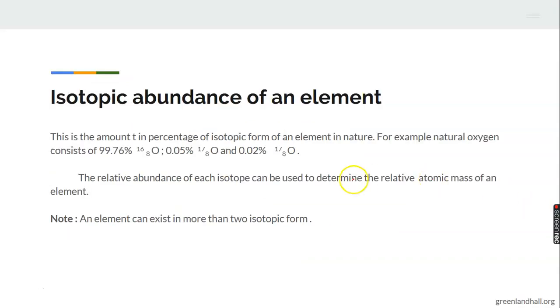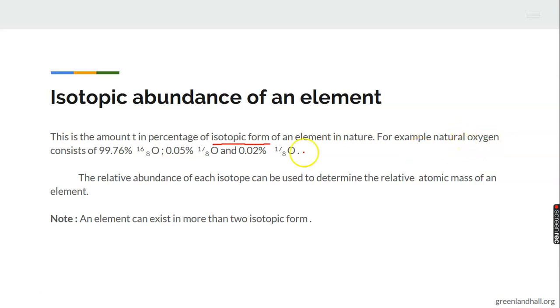Isotopic abundance of an element. This is the amount in percentage of an isotopic form of an element in nature. When you talk of isotopic forms, you have some elements that have the same atomic number but different mass numbers due to a difference in the number of their neutrons.